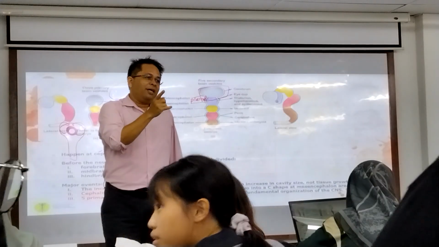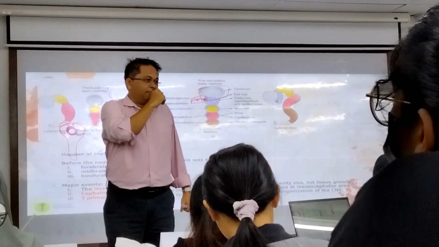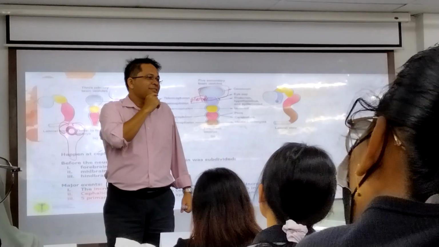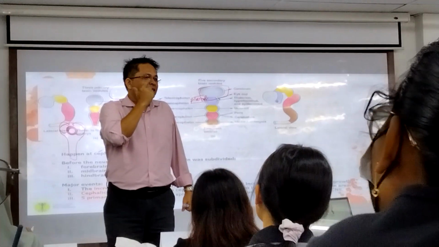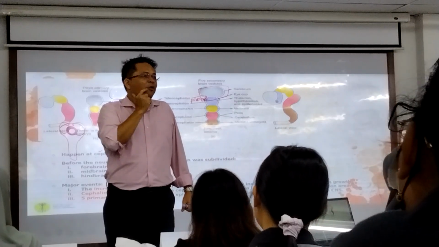Most of the sensory organs, how many senses do you have? 5. How many are near to your brain? One, two, what else? 3, 4. Which one is 5?